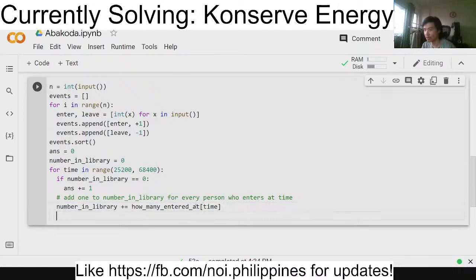So we have to do number in library minus equals how many exited at time.